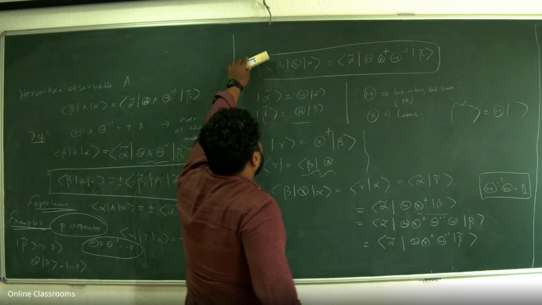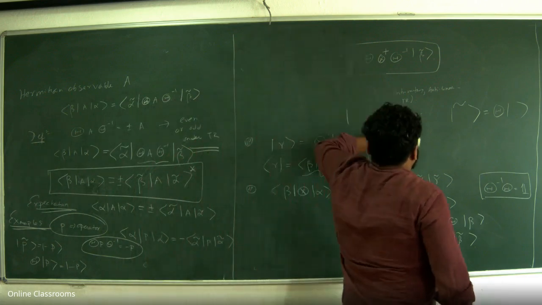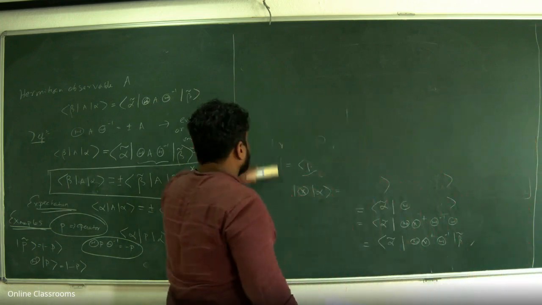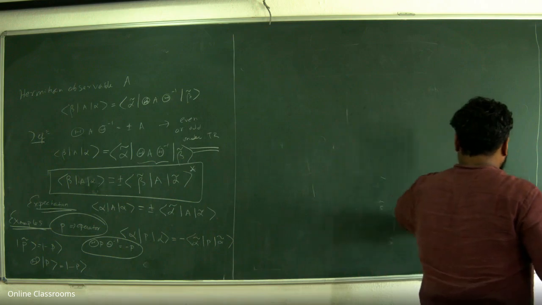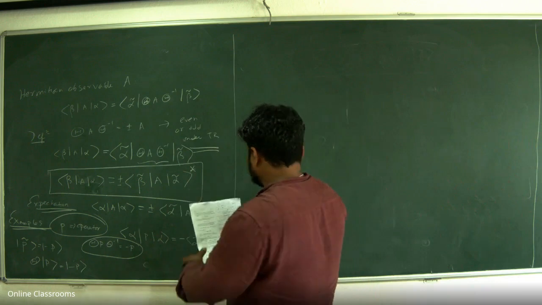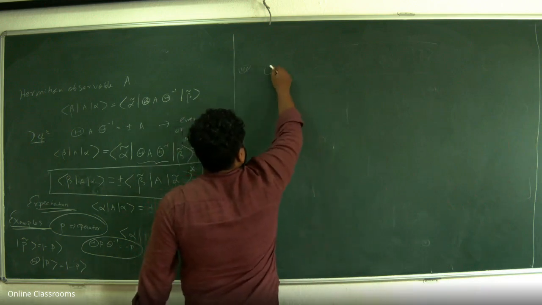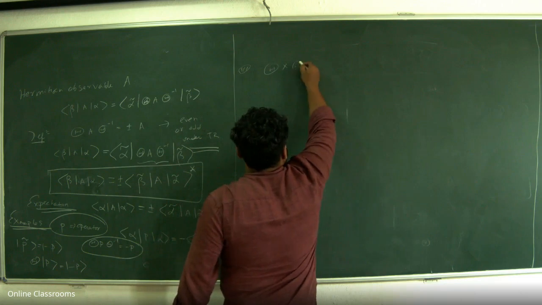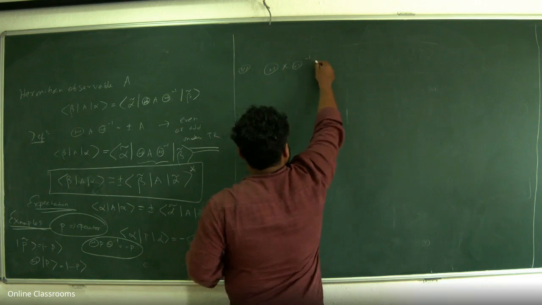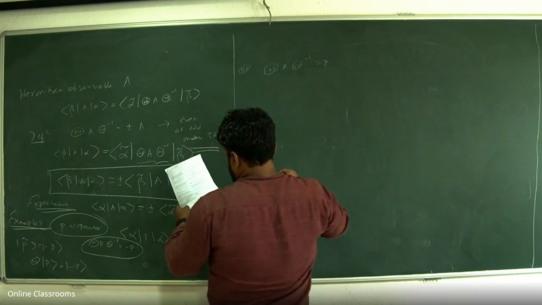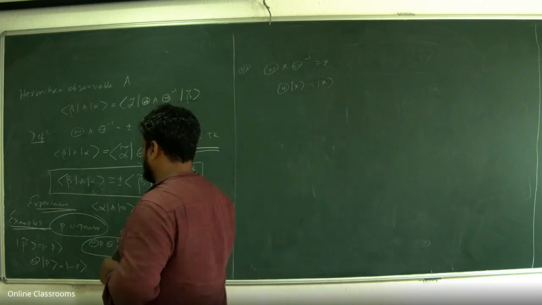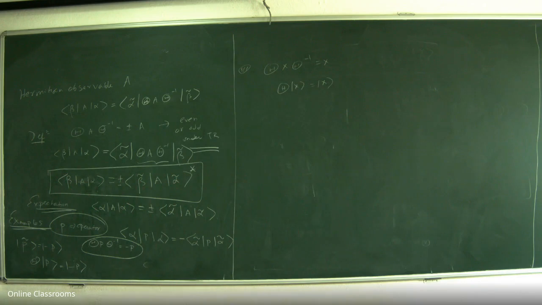You can do the same for an even operator now. Like position, for example, theta x theta inverse. Okay, so theta x theta inverse is nothing but x itself. In the momentum case, it was minus P. In this case, this is x itself.